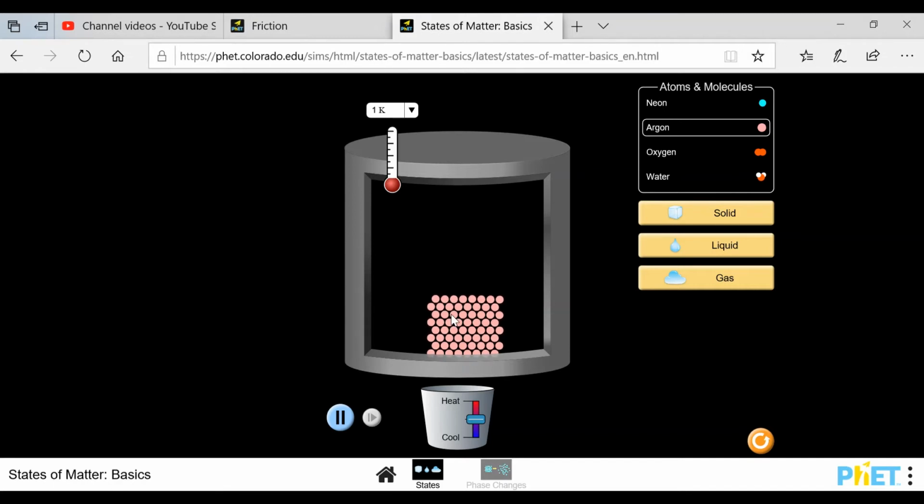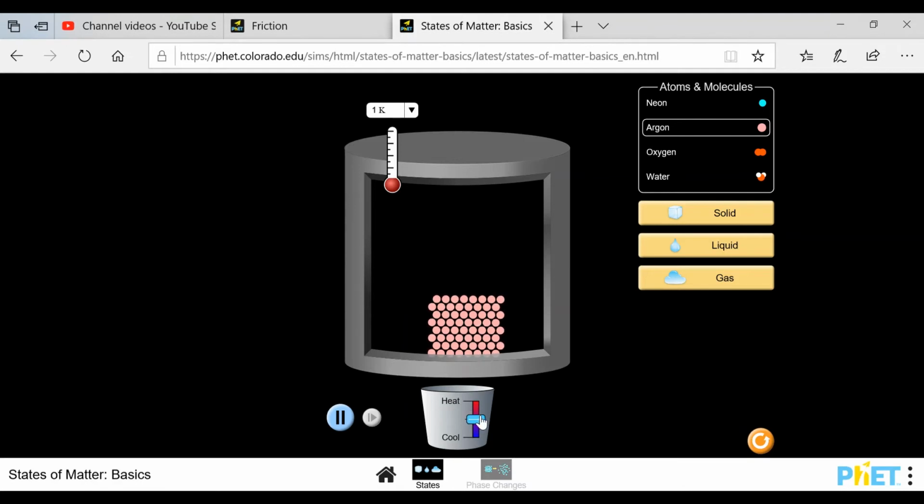It's a solid. And furthermore, all these little circles here represent individual atoms of argon that are held together by bonds. And you can see that, even at this cold temperature, they are slowly wiggling back and forth if you look real carefully. But basically at this temperature, there's very little, if almost no, thermal energy in this crystal.